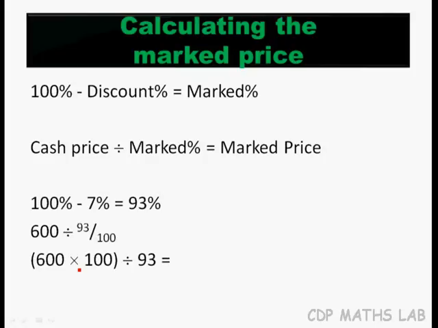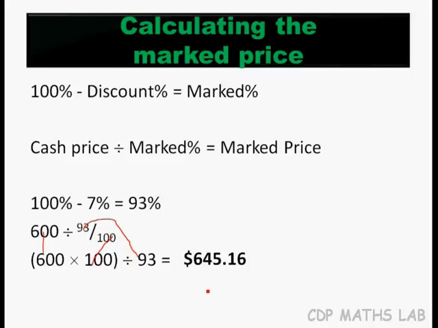Divided by 93. Now this 600 here is this 600. This 100 is this 100. And the 93 is this. Good? And what the answer is supposed to be? $645.16. And that is your marked price.